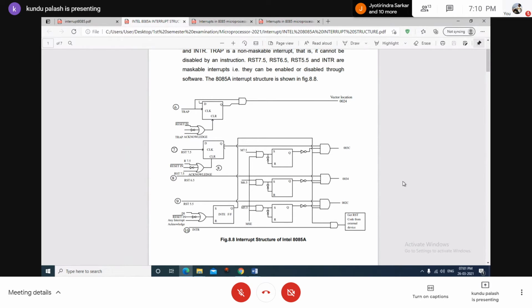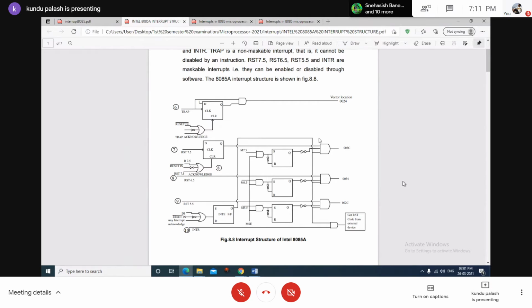So the Q will be 1, and that is passed to the internal 3 input AND gate. If it is unmasked, this will be 1, and the third input is coming from another flip-flop which we set or reset by the DI or EI instruction.